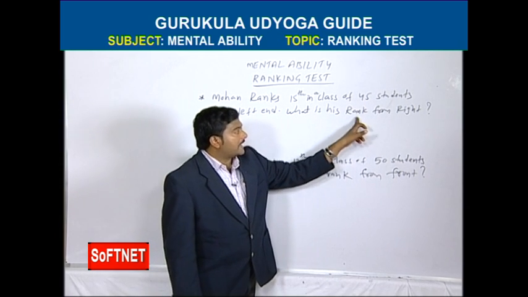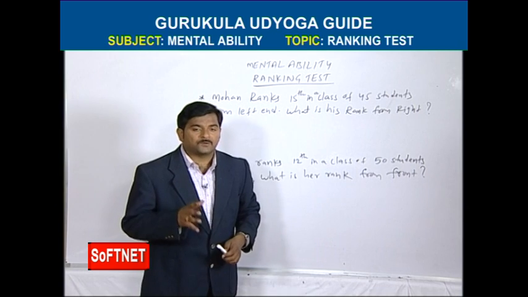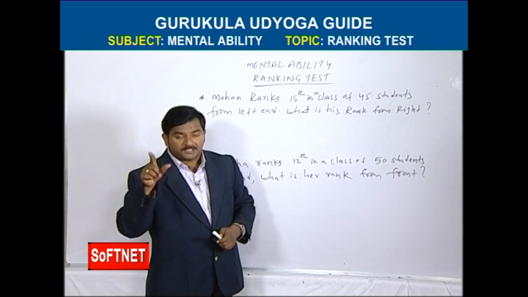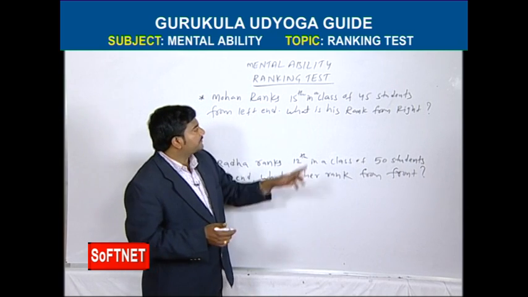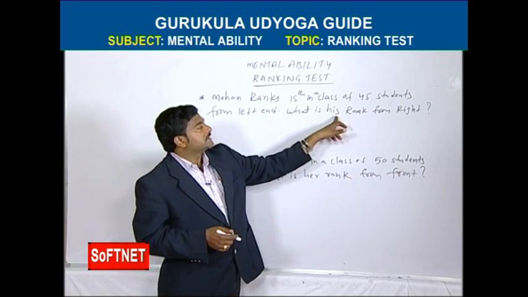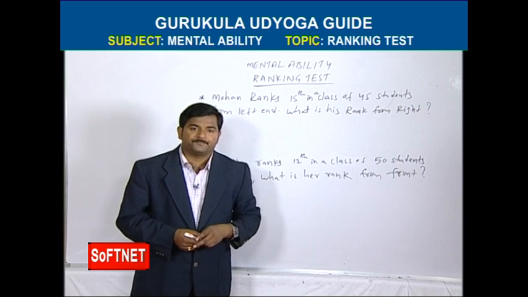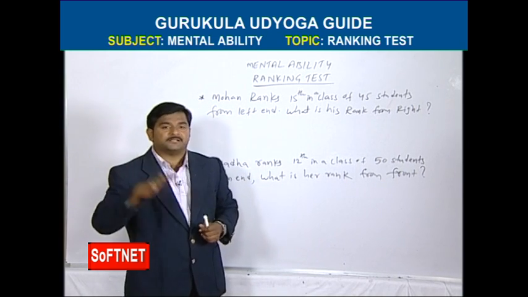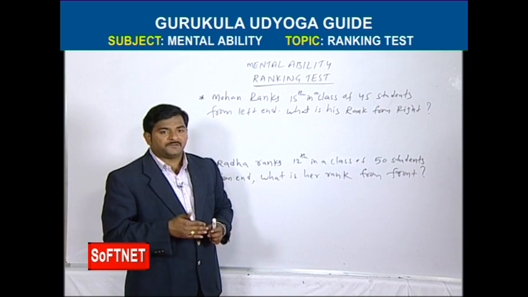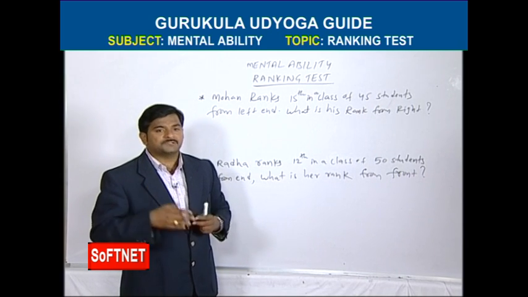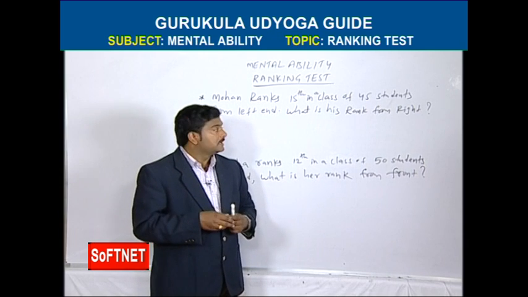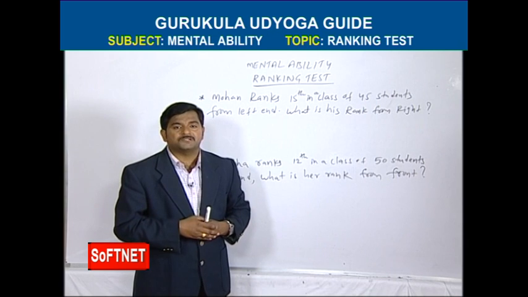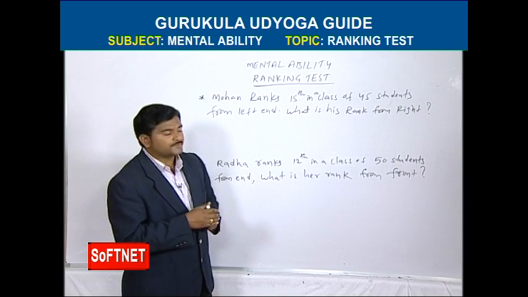His rank from the right, the rank of the same object from the other end, so that is k. If it were some other person's rank, we could not find it. So n and T are given, and by using the formula T is equal to n plus k minus 1 we can find k.